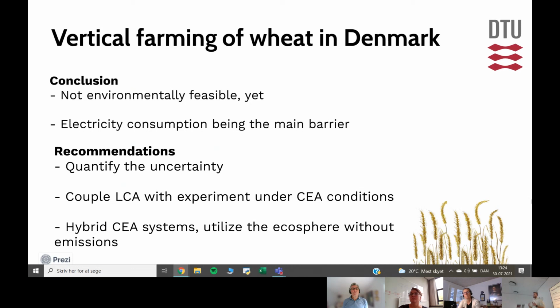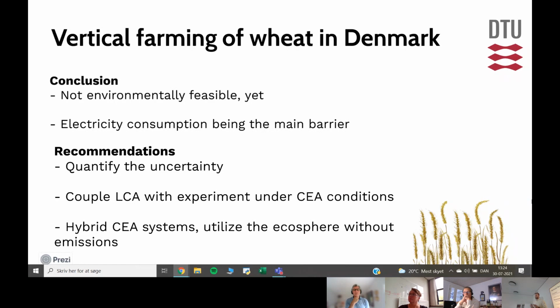But to reduce uncertainty, it could be done by getting better primary data, by coupling an LCA with an experiment under the conditions that you want to investigate, that you think can represent reality, and then you can get all the data, less uncertainty, more primary data, and that would definitely help also to emphasize the real relation and difference between the two systems.